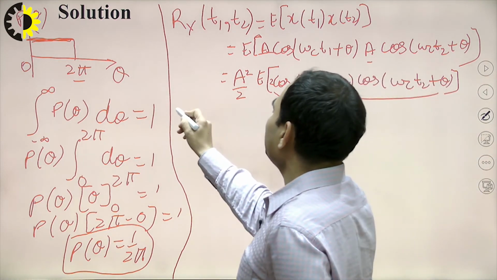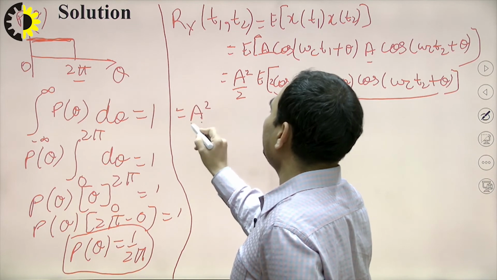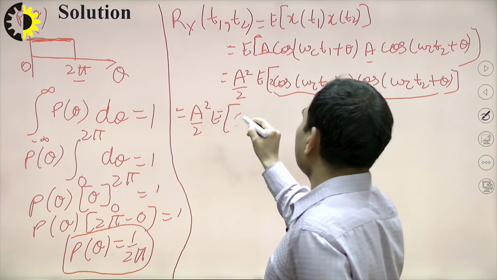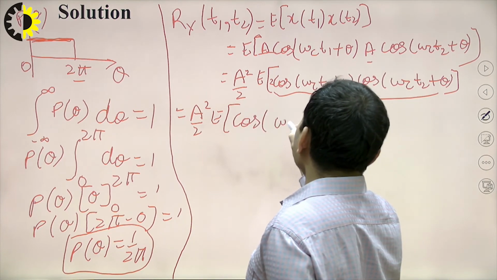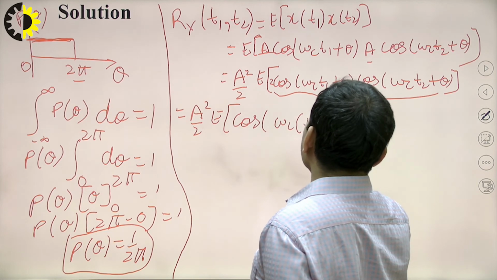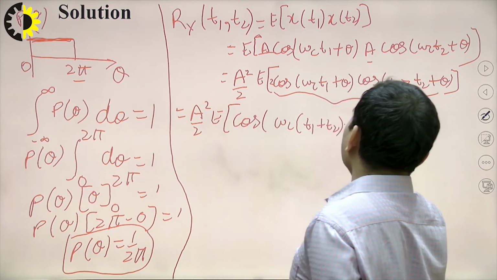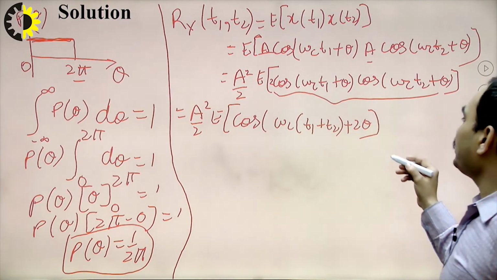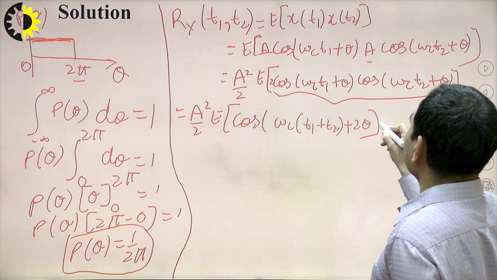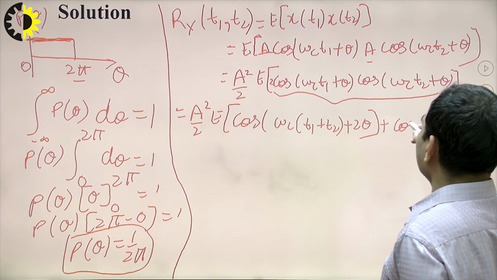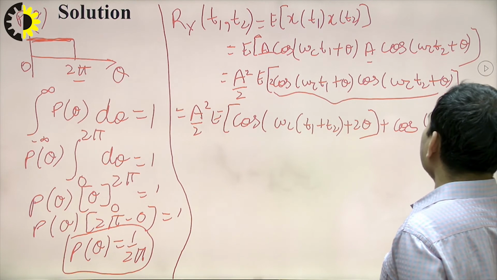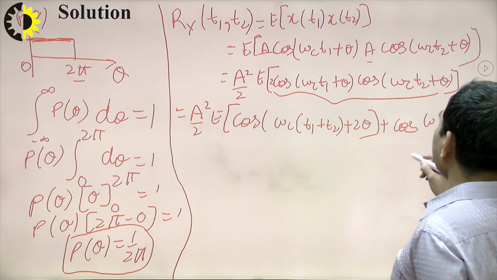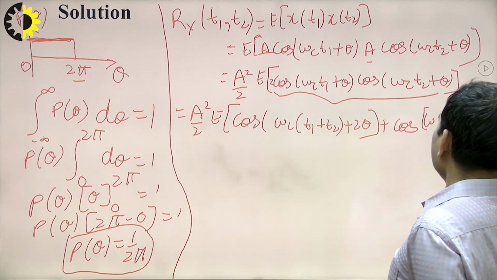So we have A squared by 2 times cos(omega_c (t1 + t2) + 2 theta), plus cos(omega_c (t2 minus t1)), where theta is cancelled out. So we will have these two terms.